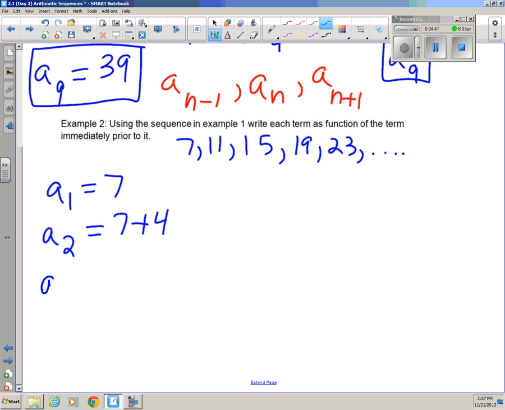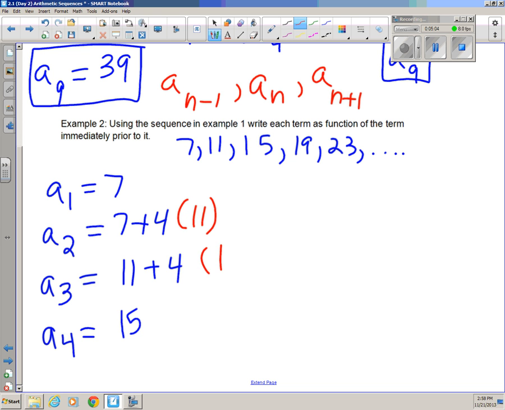My second term was 7 plus 4, or 11. My third term is my second term, which was 11, plus 4 more. My fourth term is my third term, 11 plus 4, which is 15, plus 4 more. I could keep on going on and on.